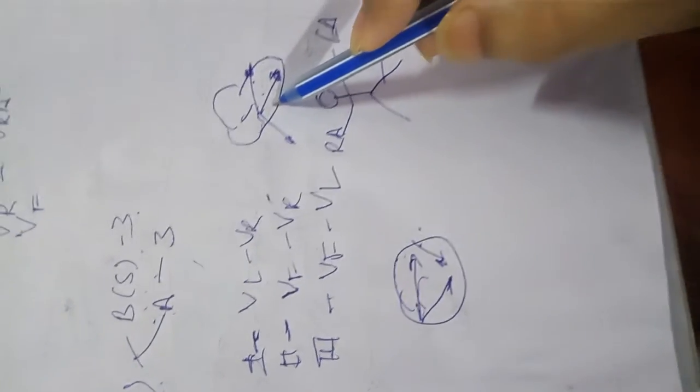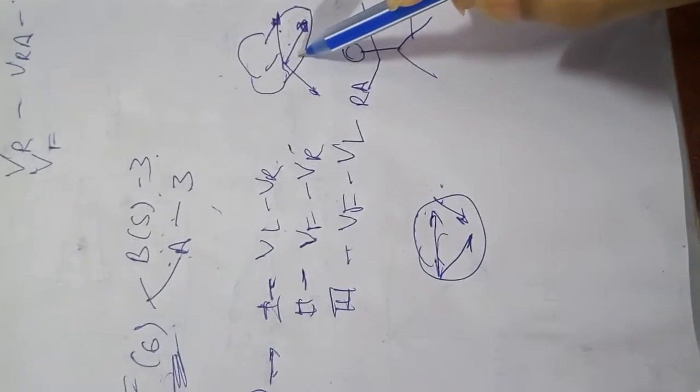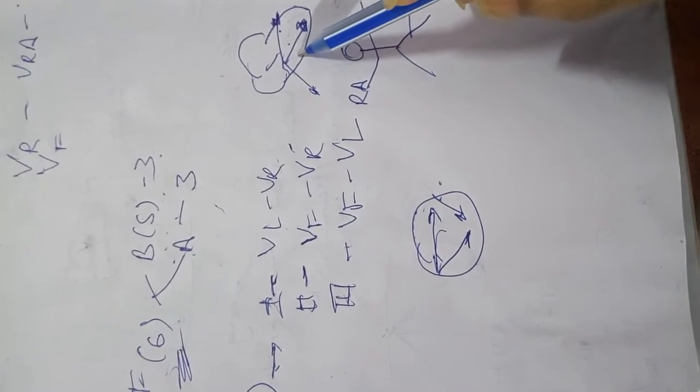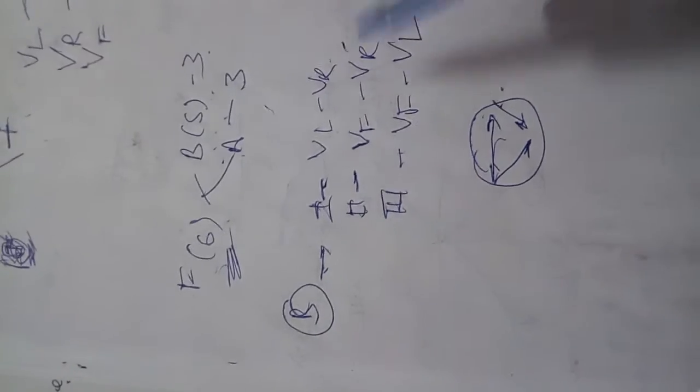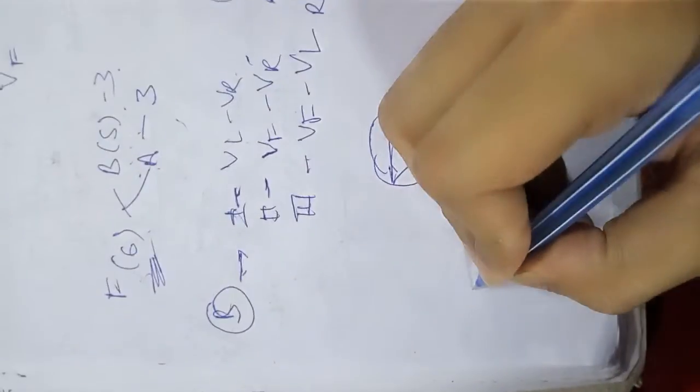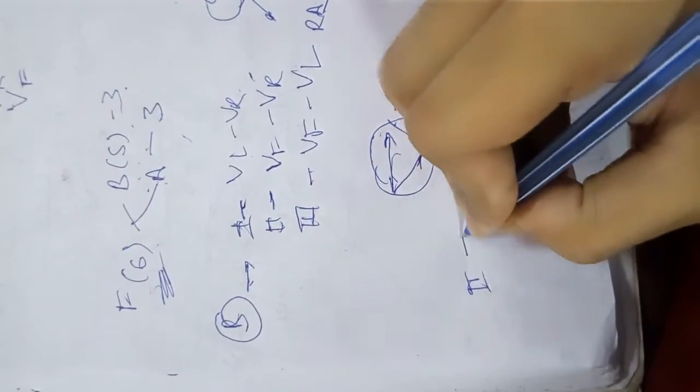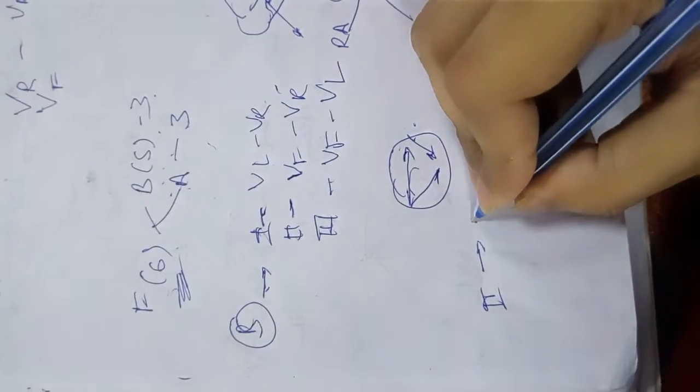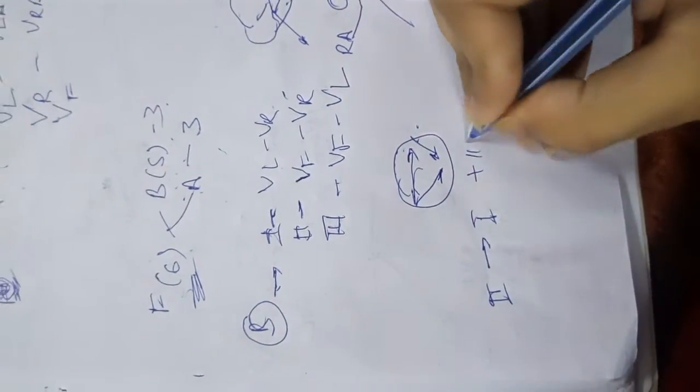Moreover, on analysis, it can be shown that the sum of potential in lead 1 and lead 3 is equal to that of lead 2. That is, lead 2 is equal to the sum of potentials of 1 and 3.